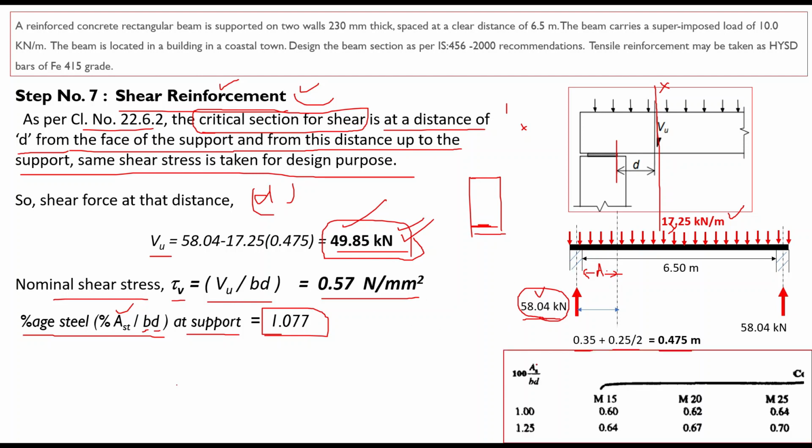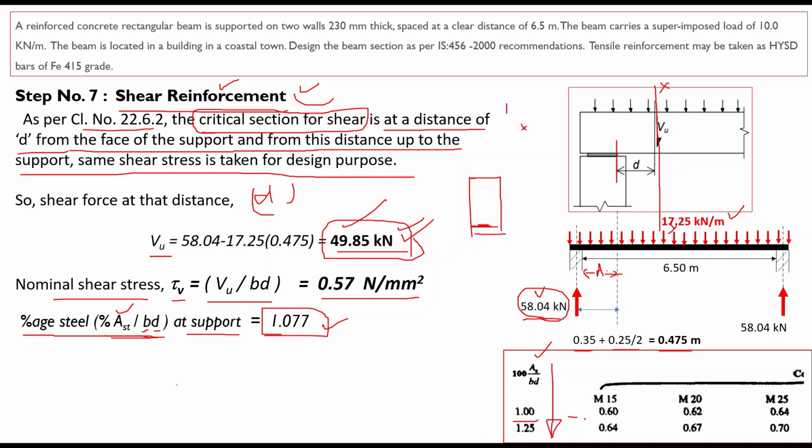So you can refer to Table number 19, which is given in IS 456, and I have just taken a snapshot of it, because in our case the percentage area of steel is 1.007. Based on this, you can check that it will lie between these two limits, 1.00 and 1.25.